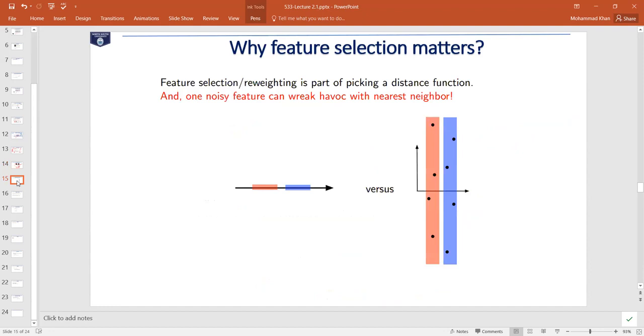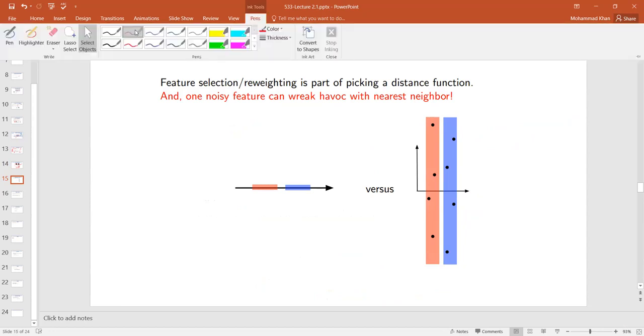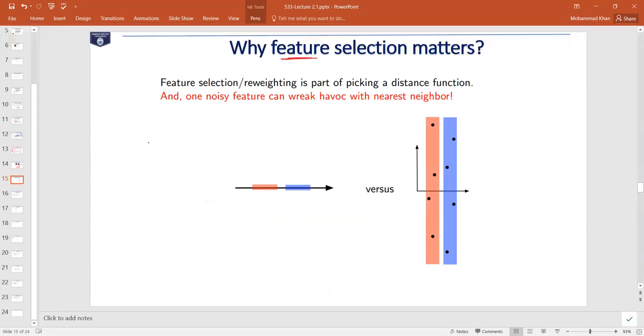Now, what are features? Here the features are just numbers. For the MNIST digit recognition problem, the one-dimensional vector that we created from the image, each number is a feature.